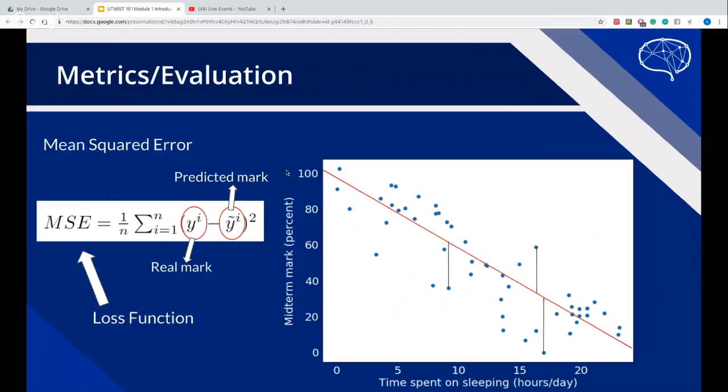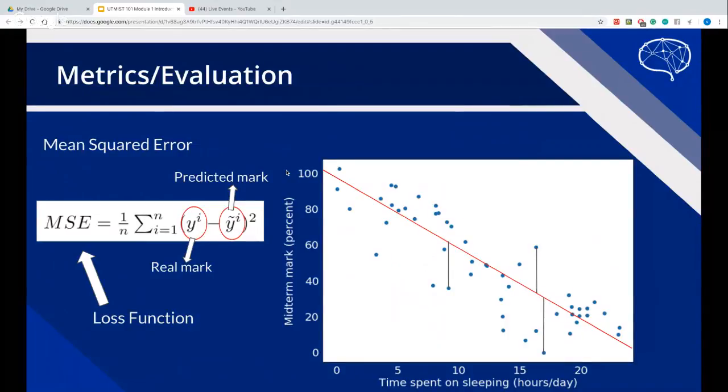Or you can put in an absolute value to solve this cancelling out problem. But in this case, the cost function is not differentiable. We will talk about why we need a differentiable cost function later. Okay, any questions about the MSE? Do you guys know what MSE is now?